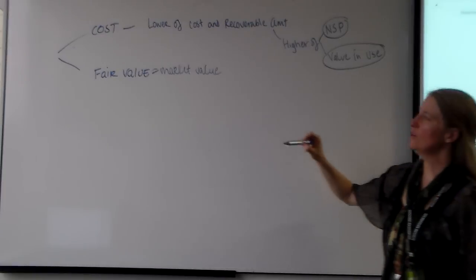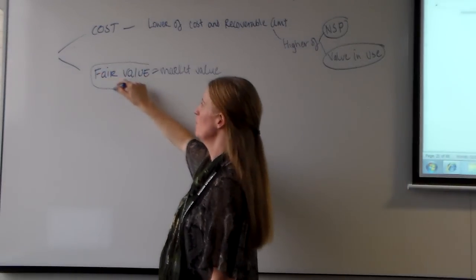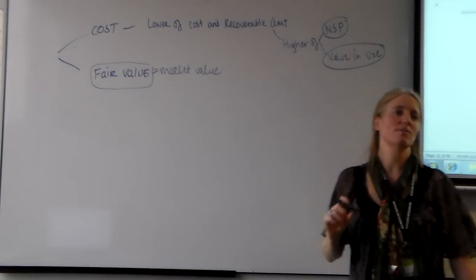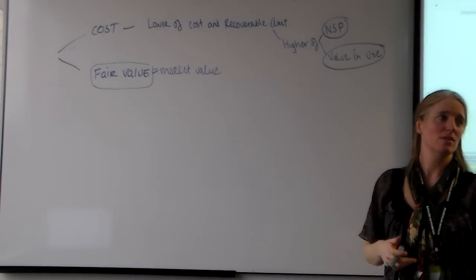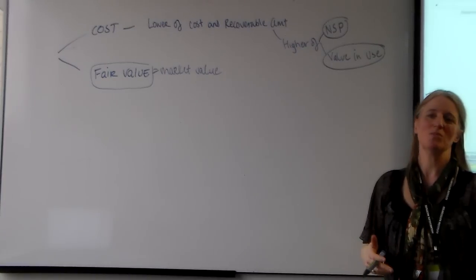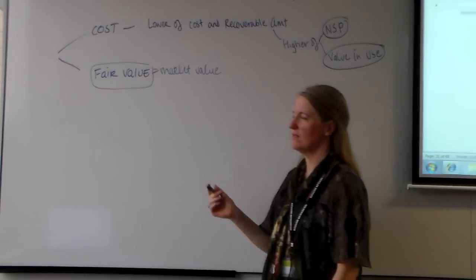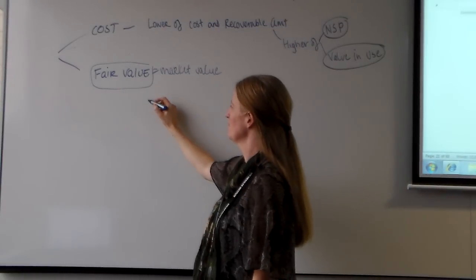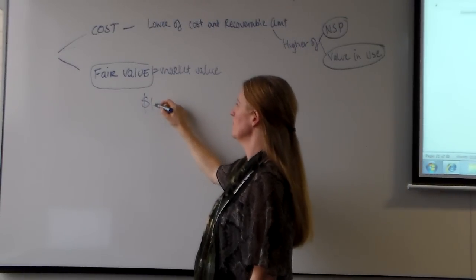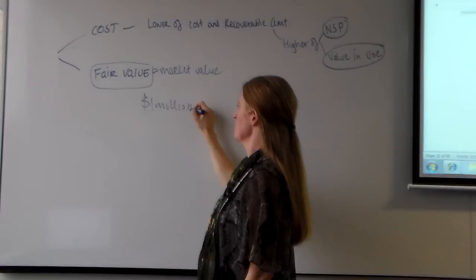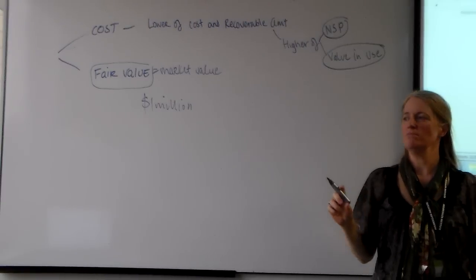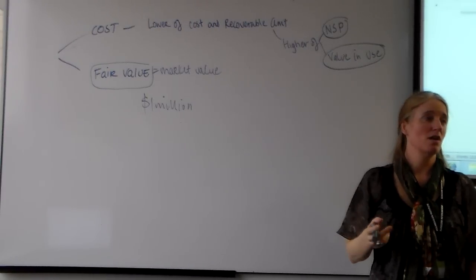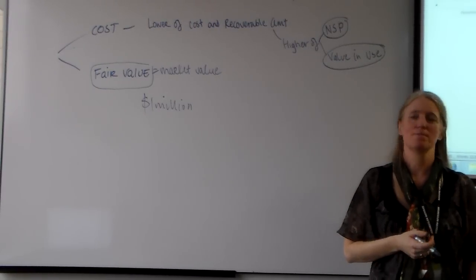If you're using the fair value method, what happens is that you can be updating the actual value of the item to fair value. So, for example, if you've got a building and it's in the books at 1 million. At the end of the year, you find that the building has a fair value or market value of, say, 1.2 million.